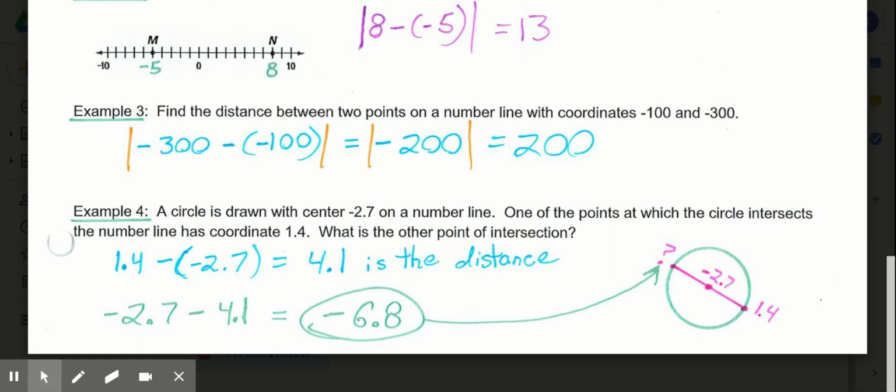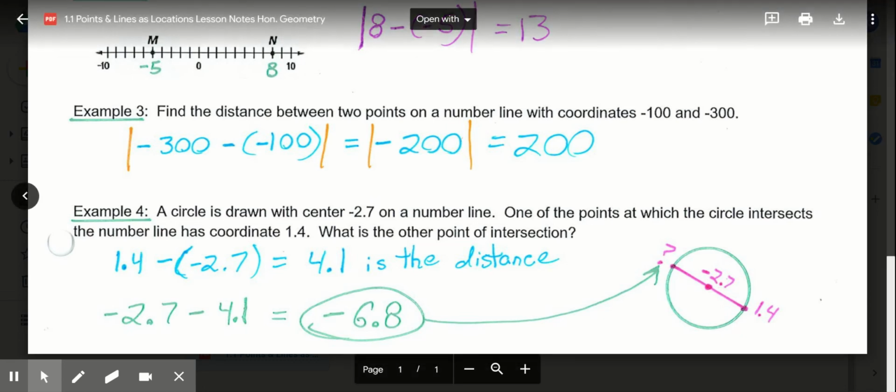We have a circle, and the center point of that circle is at a coordinate of -2.7 on a number line. One of the points where the circle and line intersect has a coordinate of 1.4. What is the other point of intersection?